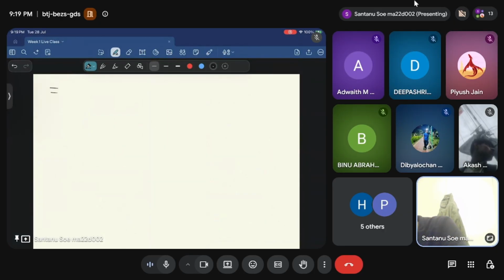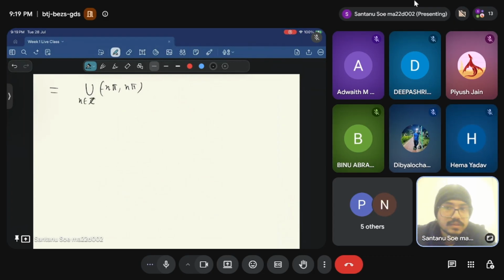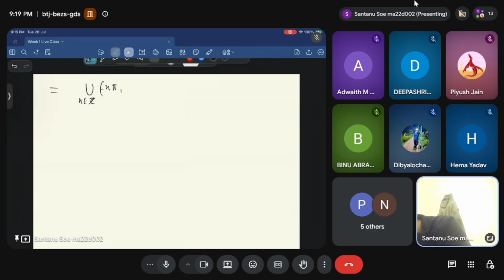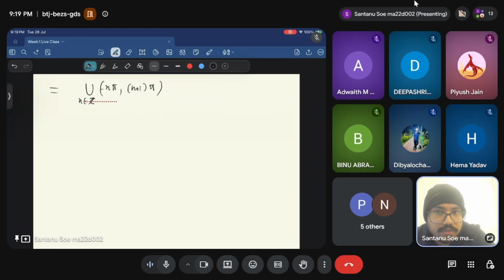So this is the same as the union of the intervals (n pi, minus n pi, n pi), n in Z. I mean, it will be (n+1) pi, sorry, I'm really sorry. So this will be the union of (n pi, (n+1) pi).